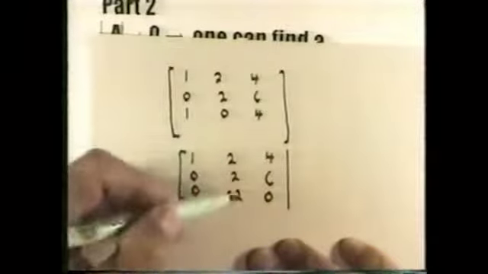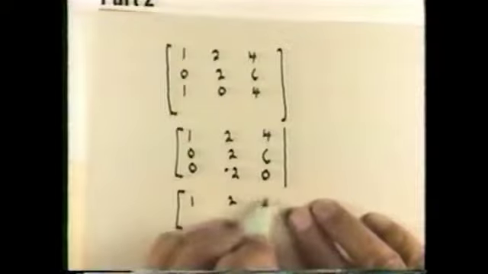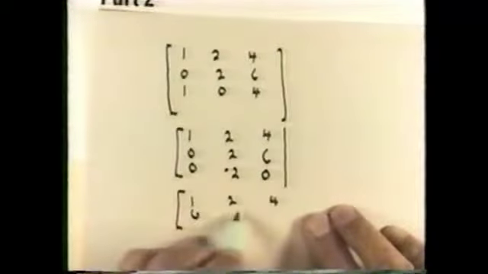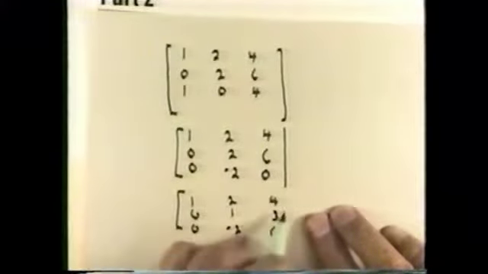The process is I can do that. I can get all zeros here. I can get zeros everywhere except the diagonal. So what I would do next, it's kind of an automatic process. I would divide the second row by 2, so it would be 1, 2, 4, 0, 1, 3, 0, negative 2, 0. Now I'll fix this.